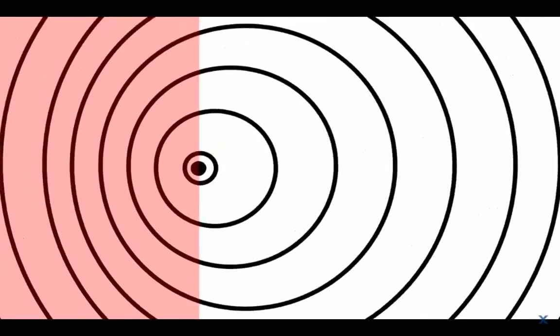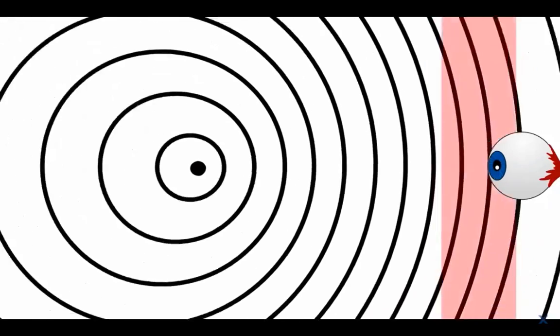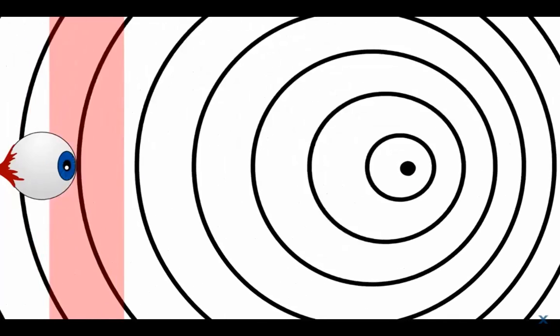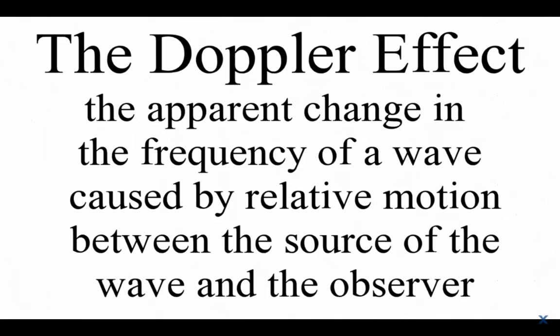In the direction it's moving, the wavefronts bunch up, and behind it they spread out. If our object is moving towards a stationary observer, these bunched up waves are observed at a high frequency, and if the object is moving away from a stationary observer, the waves are observed at a lower frequency. So that is the Doppler effect, the apparent change in the frequency of a wave caused by relative motion between the source of the wave and the observer.